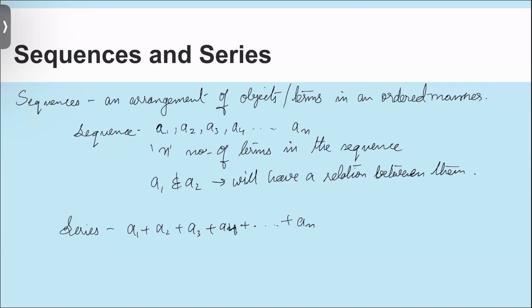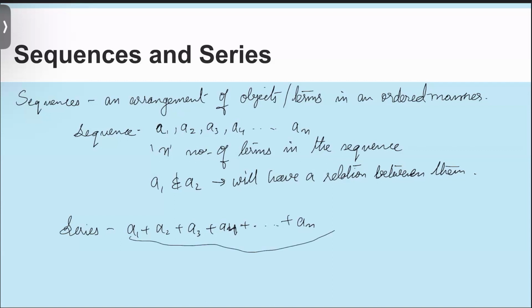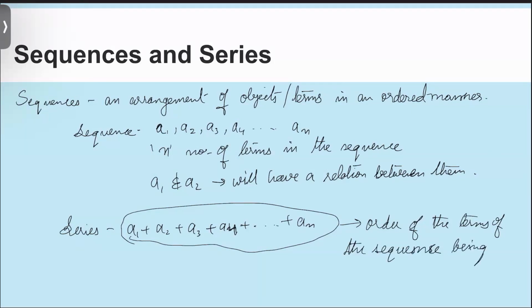One of the main differences is that in a sequence, the order of the terms, how you represent them, matters. But with a series, the order in which you add the terms is not important.